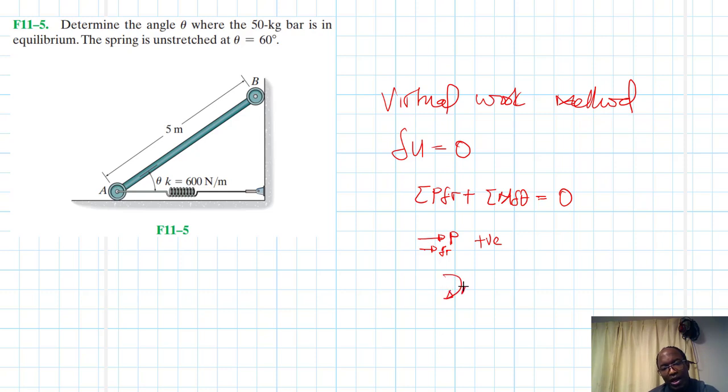The same goes with the couple moment and the rotational virtual displacement. They are supposed to be collinear or parallel, and if both are in the same direction, then the virtual work developed is positive, otherwise it is negative. So basically this is the method that we intend to use. So let's straight away go to solve this particular problem.